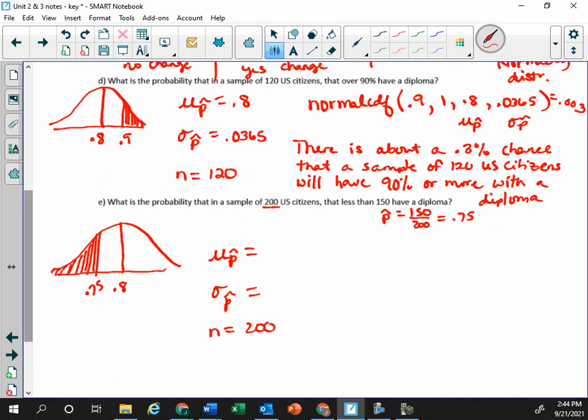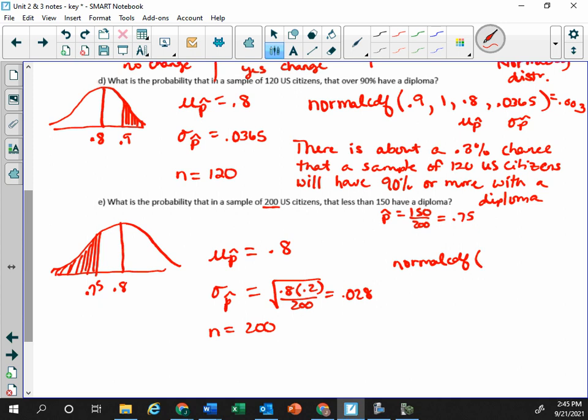So if that's throwing you off at all, you can still use negative infinity and infinity, and you'll get it right.